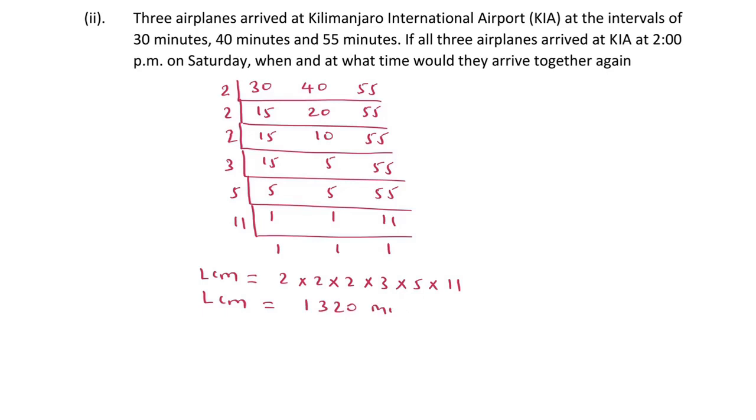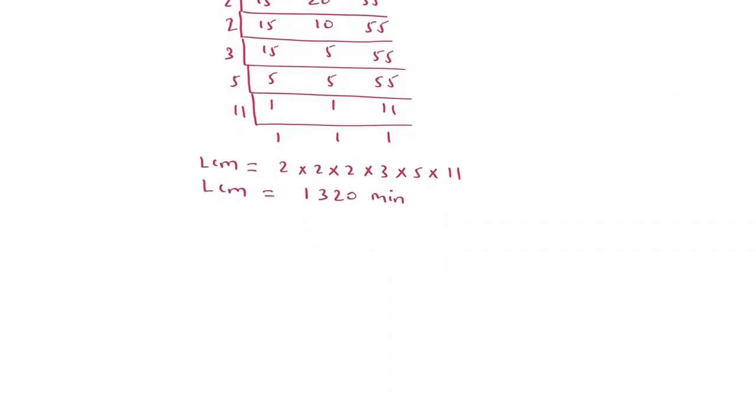Okay, so these are the minutes which are going to be taken for airplanes to arrive again at the same time. Okay, so let us add these minutes to 2 o'clock p.m. in order to know when these planes are going to arrive again.